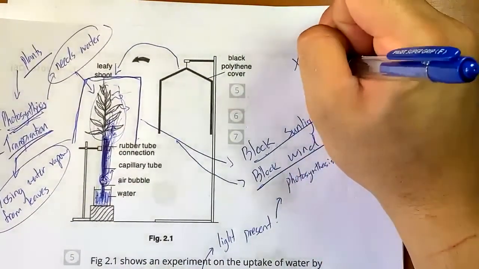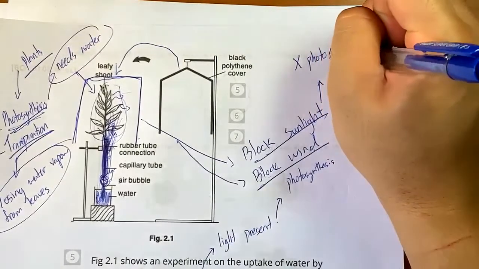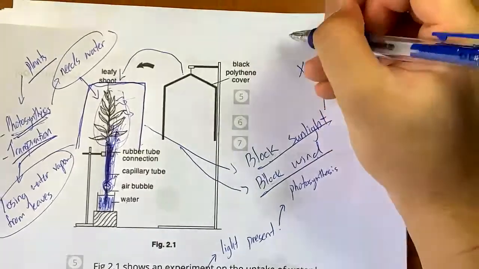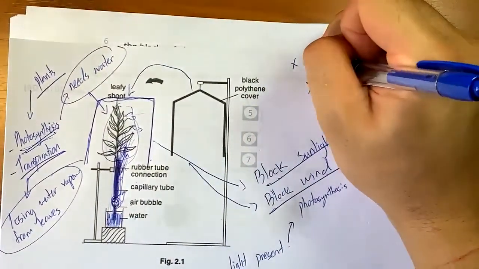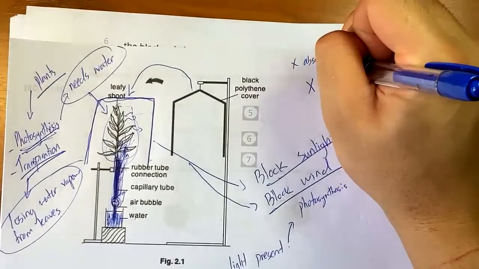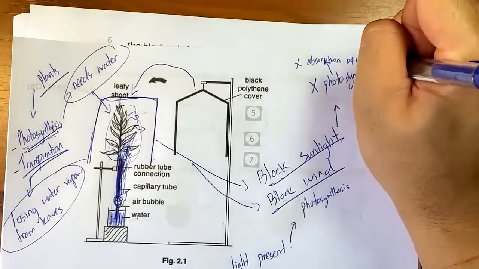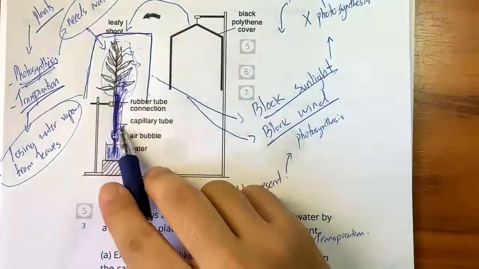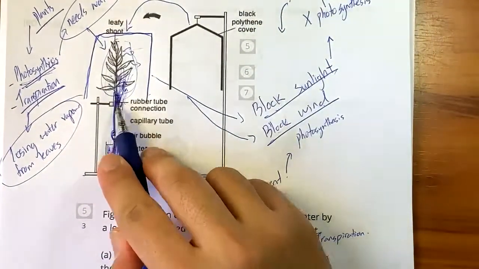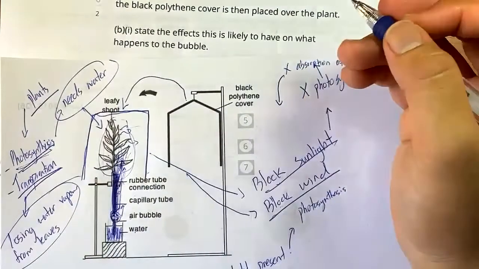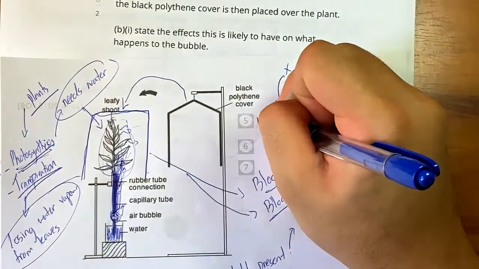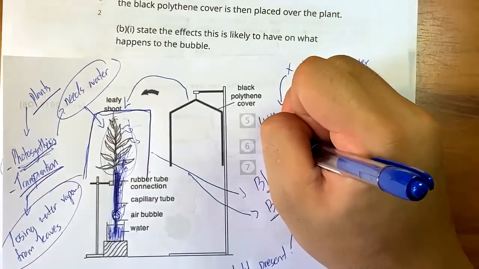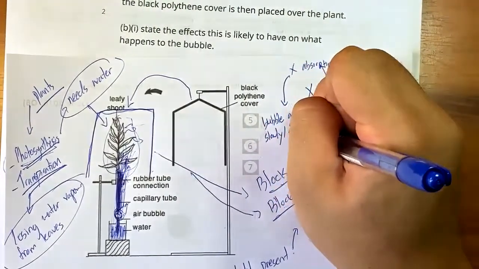No. So no photosynthesis, which means no absorption of water. And if there is no absorption of water, can the bubble go up? No. It may go up, but very slowly. Bubble goes up slowly or stops.